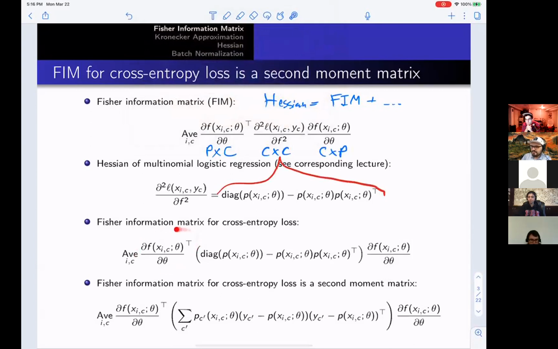So we get df/dθ, the derivative of the logits with respect to the parameters, times this expression, which I took from here, times the first expression transposed, right? Now, at this point, a trick is used.